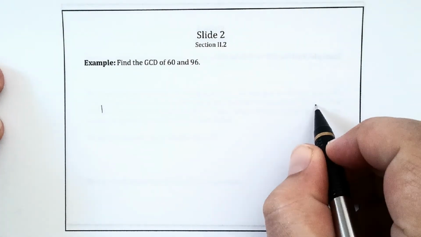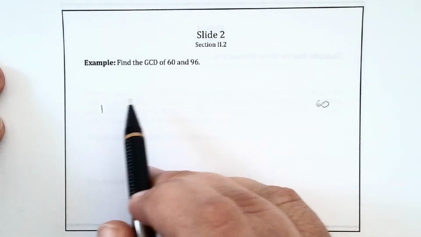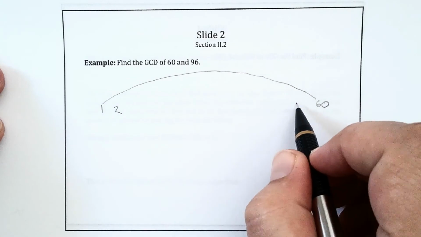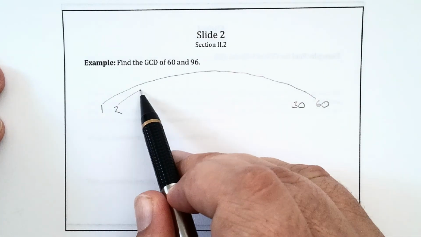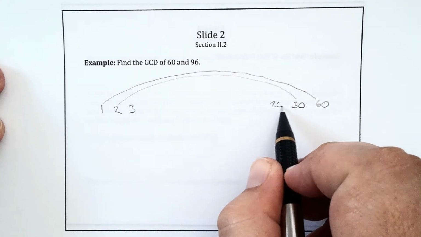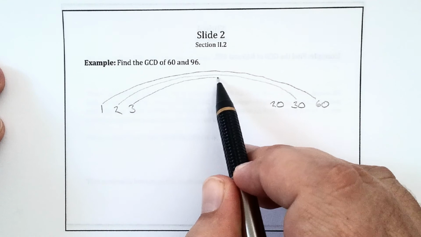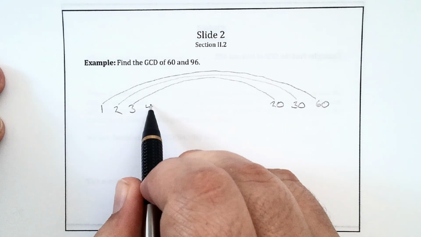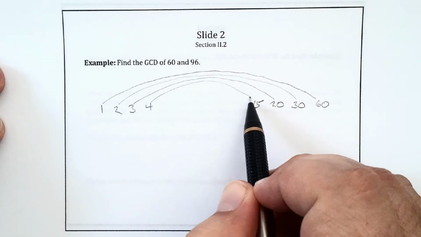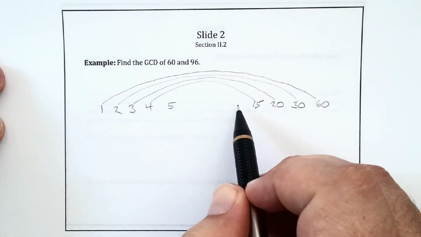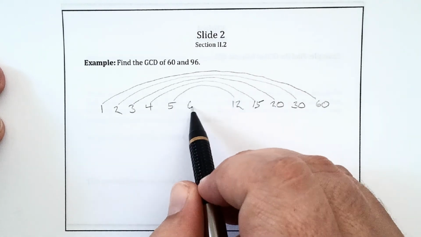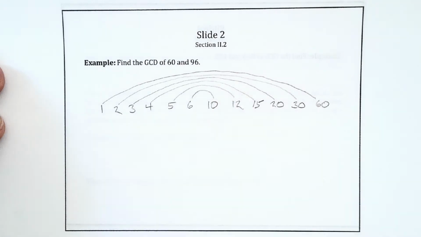So we have 1 times 60, 2 times 30, 3 times 20, 4 times 15, 5 times 12, and 6 times 10. And those are all the divisors of 60.